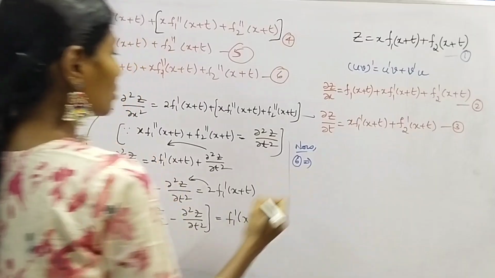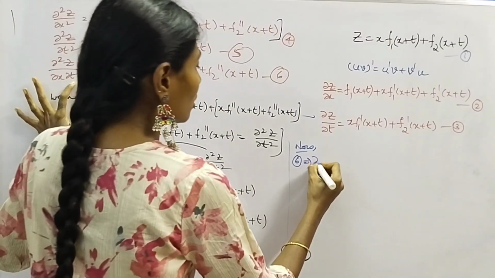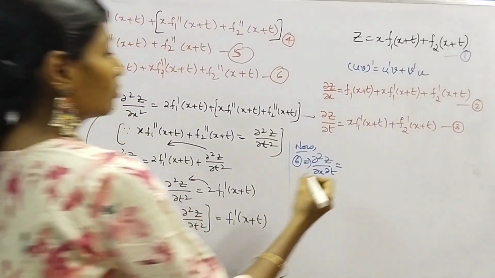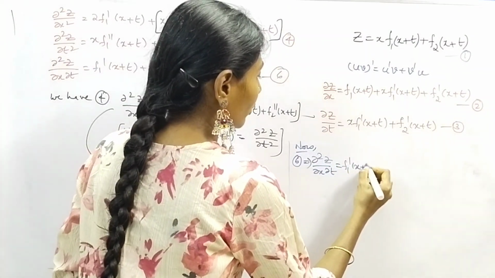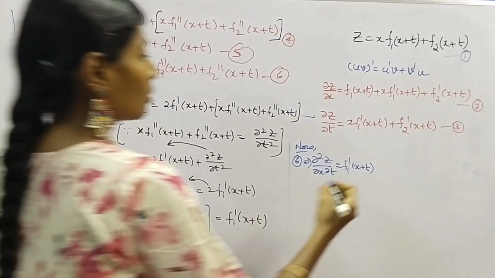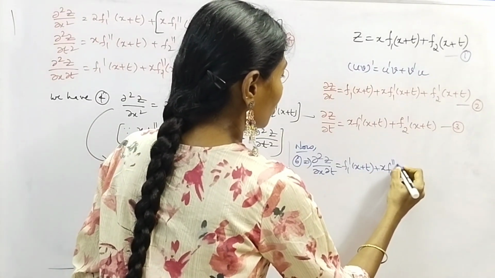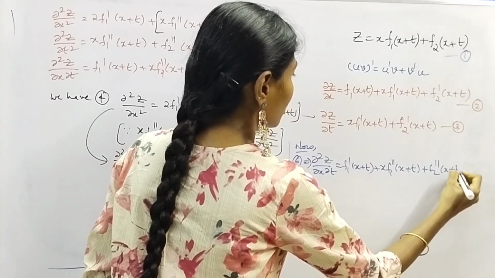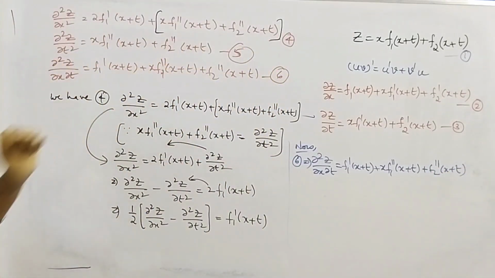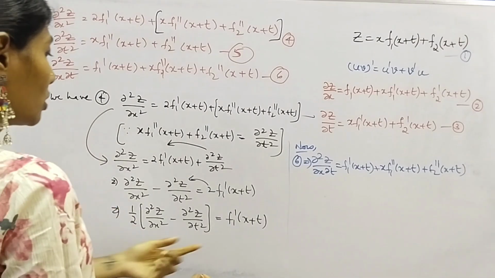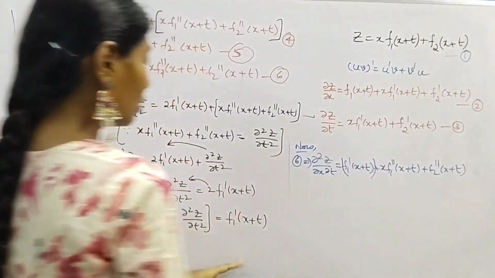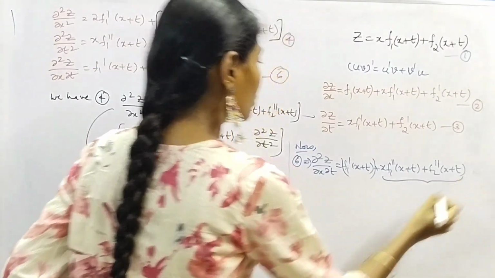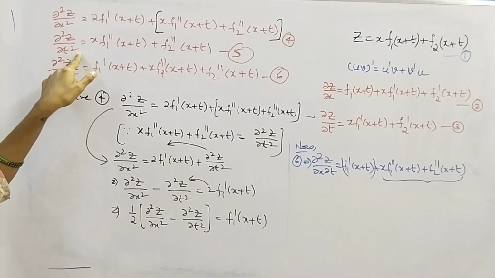Using 6, ∂²z/∂x∂t equals f1'(x+t) plus x f1''(x+t) plus f2''(x+t), right? That's what we are having in our equation 6, right? Now we'll replace this term using this value, and we'll replace this using ∂²z/∂t².